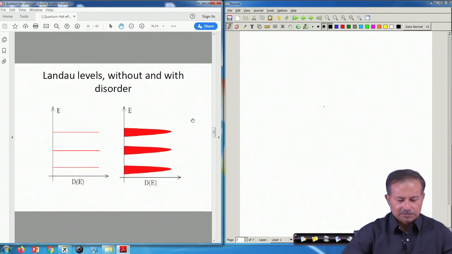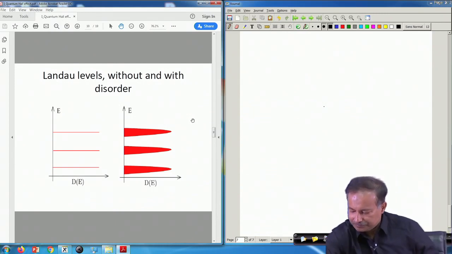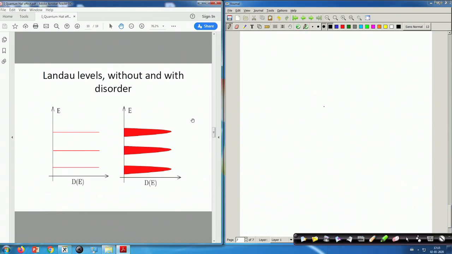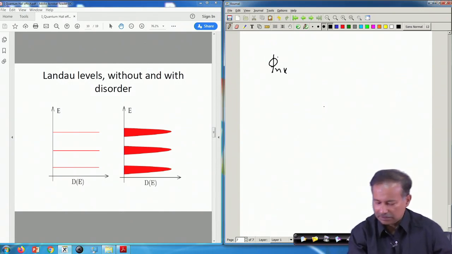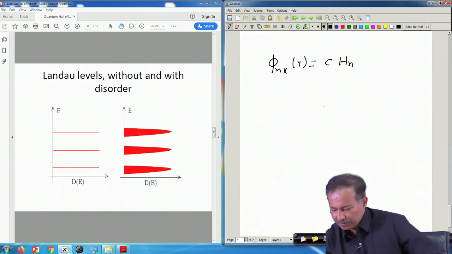Now, what does this lead to? Well, this leads to a wave function of the form phi n k. What this n is, I will tell you, equal to some constant. This is a Hermite polynomial.